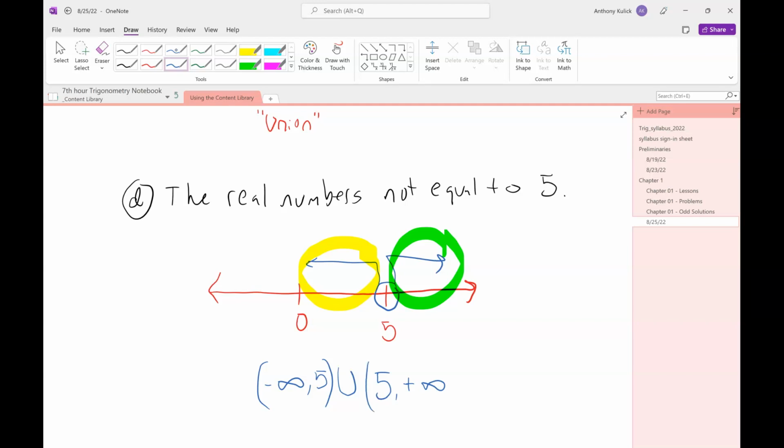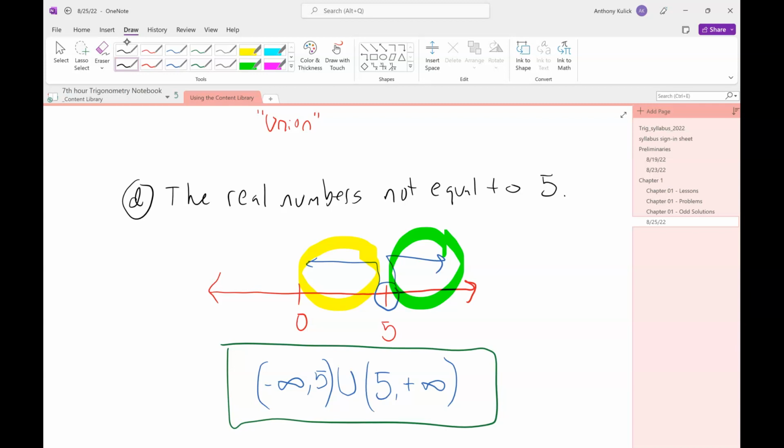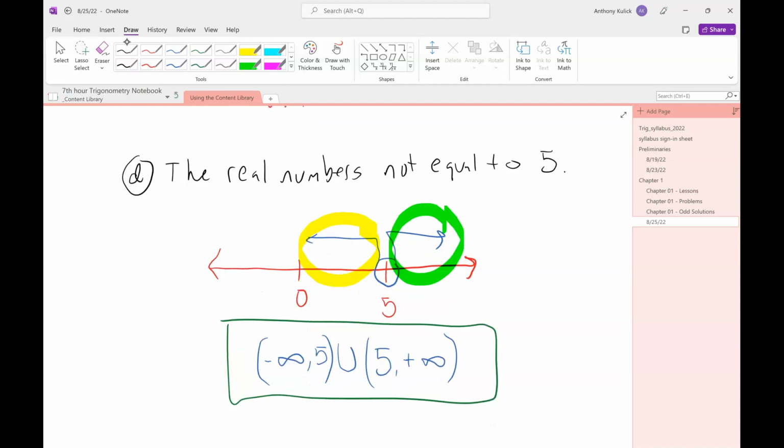Parenthesis, it sure better get the same thing it got in the first set, right? And the positive infinity gets a parenthesis. Everybody's cool with this? Does this bring back some memory of doing these things, making these intervals, what the symbols mean, how to format it? Should be okay.